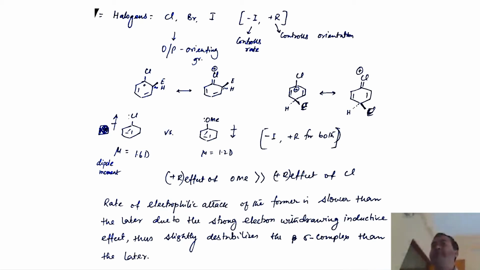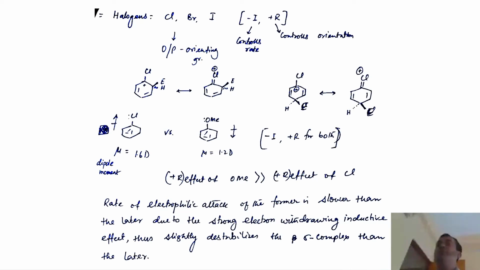So this benzene ring is a bit electron deficient in nature because chlorine has a strong minus I effect. But if you see OMe, in this case the dipole moment is towards the ring. So the ring is much more electron rich. That is why OMe will lead to a faster electrophilic substitution reaction as compared to chlorobenzene.